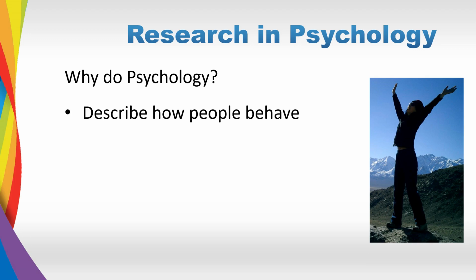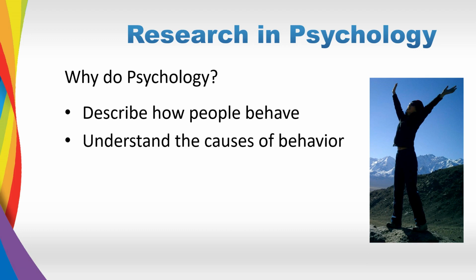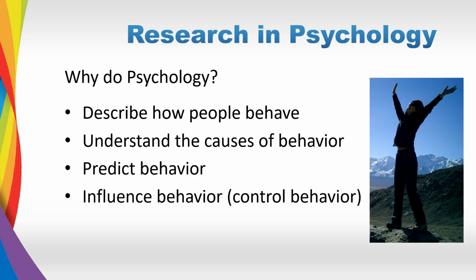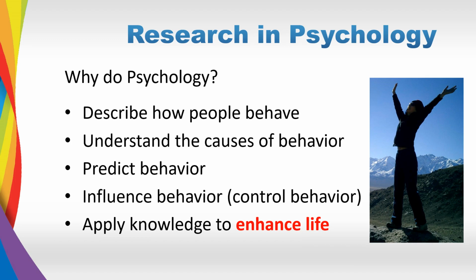So if we can describe it, then we can find out maybe what was the cause of that behavior. So in psychology, we want to understand what the cause of the behavior was. Once we understand what that cause is, then we can predict behavior. And once we can predict behavior, that's when we can influence the behavior or modify it. And then once we have that, that's when we know we can enhance life.